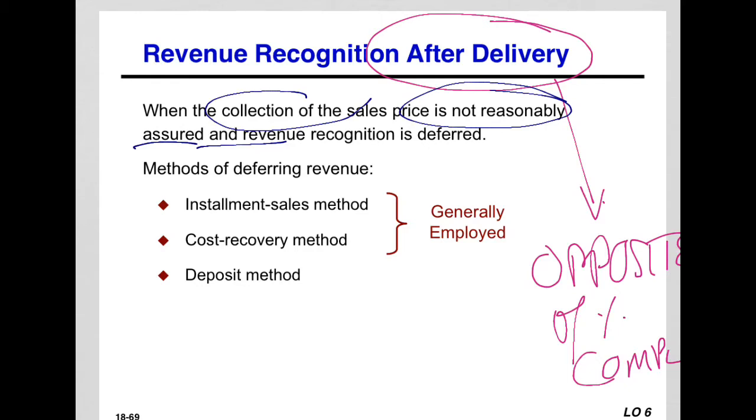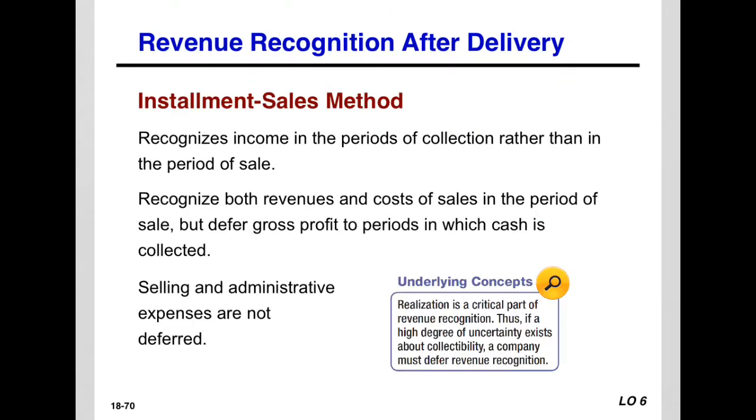So if we have this doubt as to whether we're going to collect, we'll say, okay, we'll hold off recognizing the revenue until we collect. That's really what we're going to do. And one way of doing that is what they call the installment sales method, where we recognize revenue in the periods of collection. Key on that. And when revenue comes in, you recognize both the revenue and the cost of the sales in a pro rata fashion.